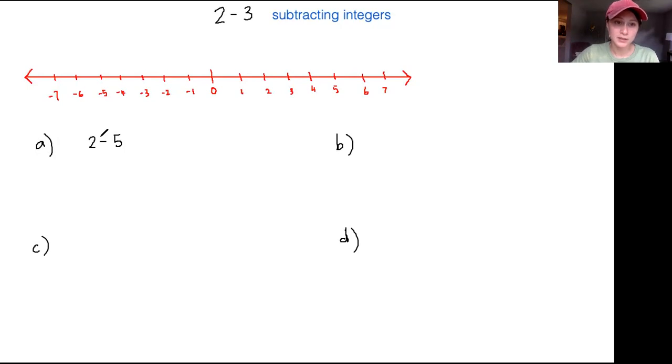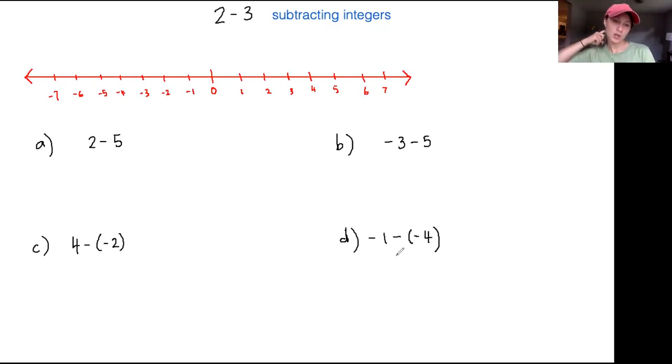So we can have a small number subtracting a bigger number. I could have a negative number subtracting a positive number. I could have a positive number subtracting a negative number. And I could have a negative number subtracting a negative number. And I'm going to put the negative numbers in parentheses there.